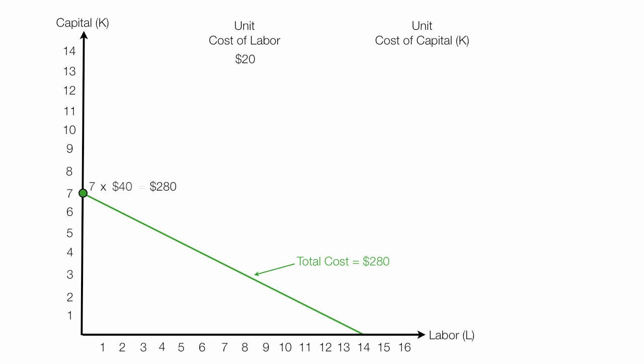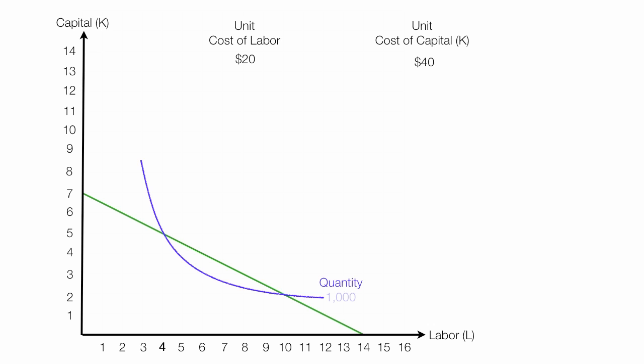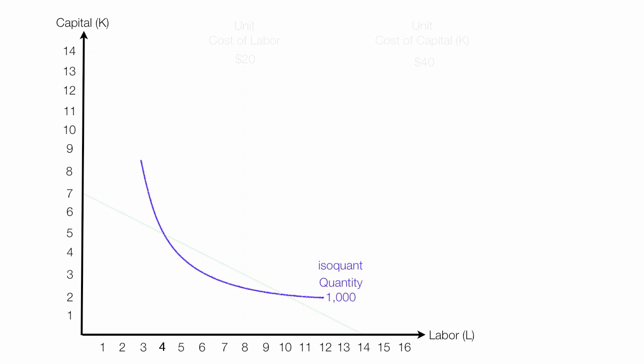I will draw in a nice isoquant line now, blue line, I think. And let's imagine anywhere on that line equals a quantity of 1,000 units. So anywhere along this line is 1,000 units.